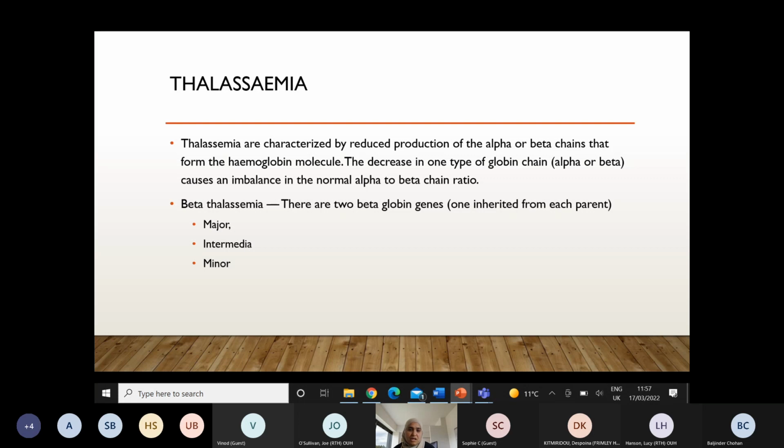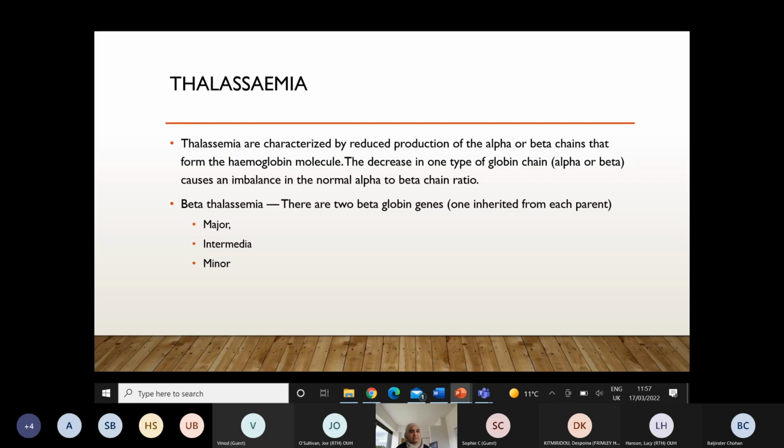Everybody carries two genes. You get one from each of your parents, and if there are two defective genes, you have major thalassemia. But the penetrance of these genes can differ, so one could be a partially functioning gene, which is called intermediate.